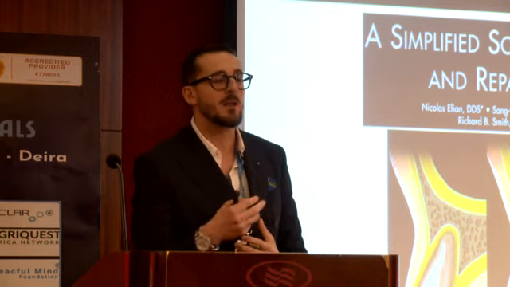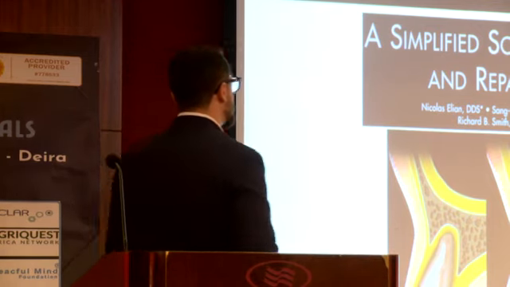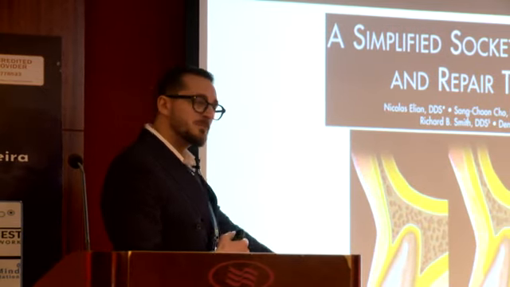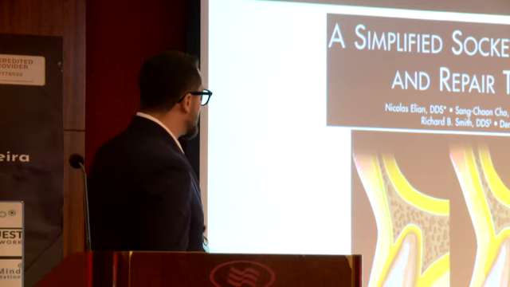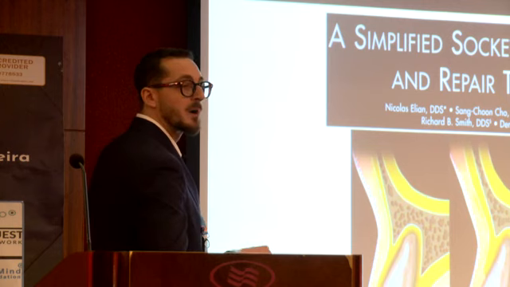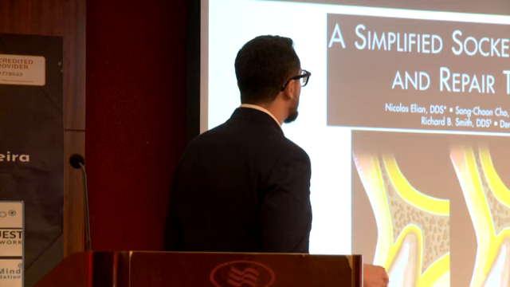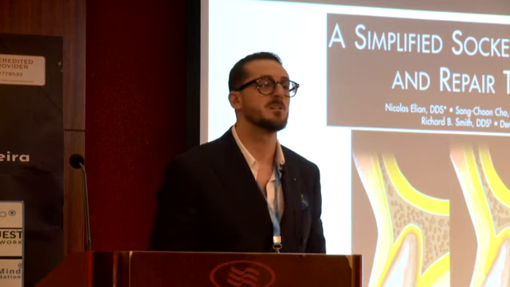We have a type 1, when we have perfectly preserved both soft and hard tissue at the level of the cemento-enamel junction. We have a type 2, where we have perfectly preserved soft tissues but we are partially missing the buccal plate. And then we have the third type, when both soft and hard tissue are partially missing.